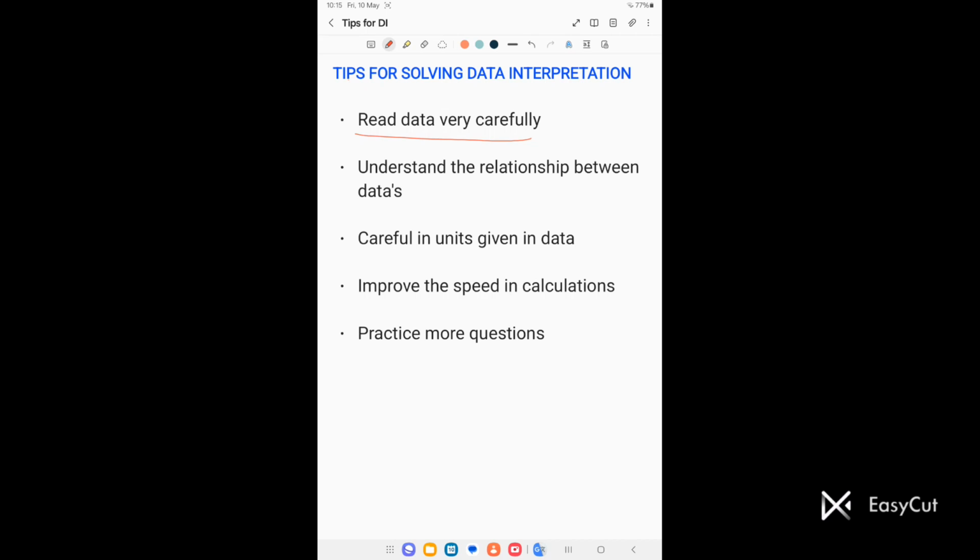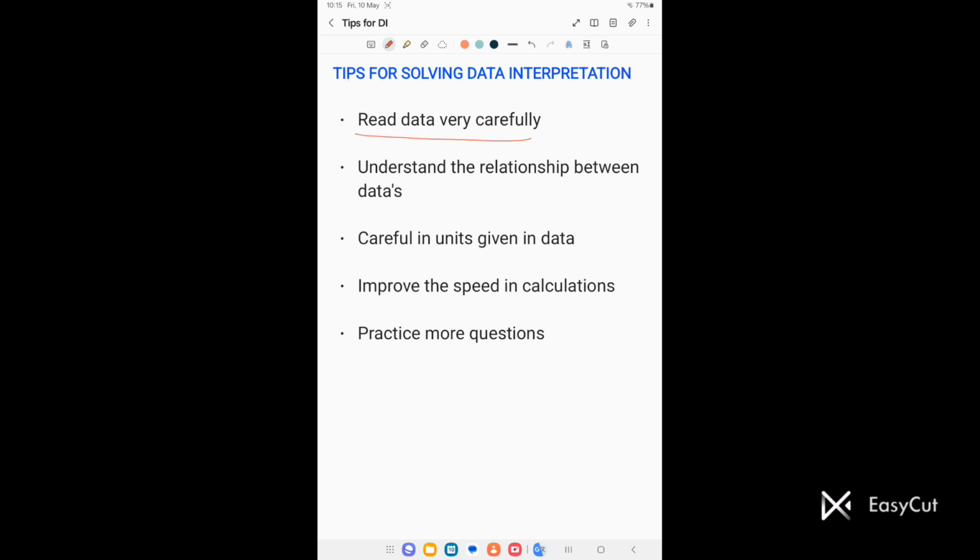The next thing is we have to try to understand the data provided carefully before jumping into answering the questions. Data interpretation may come in a combination of a variety of types, like data tables, charts, graphs, the combination of table and chart, the combination of graphs and tables, many things.